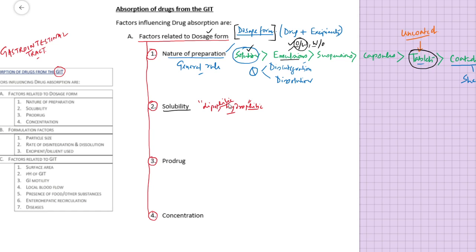It should be both lipophilic and hydrophilic for optimal absorption. If it is neither, then it won't be absorbed. What could be an example? An example could be barium sulfate.